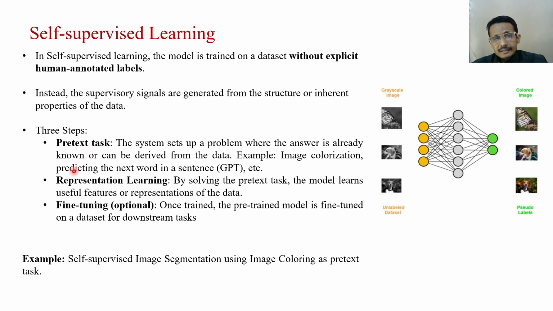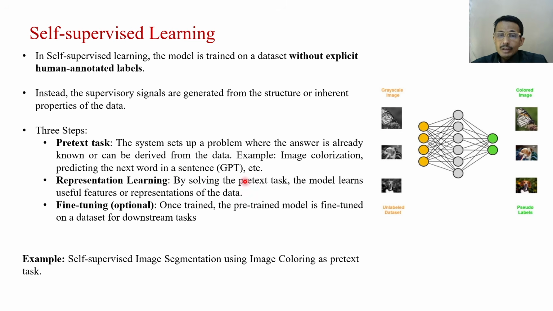Then another thing is called representation learning. When we are learning from this problem and the corresponding answer, which is derived from the data or already known, this learning gives you some idea of the representation of the data.